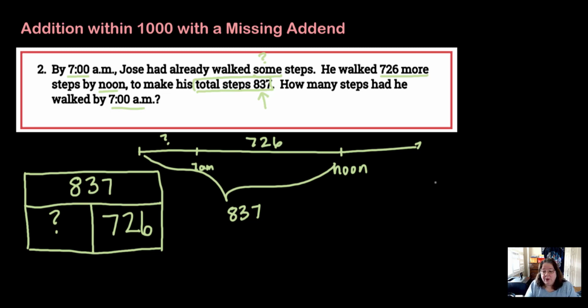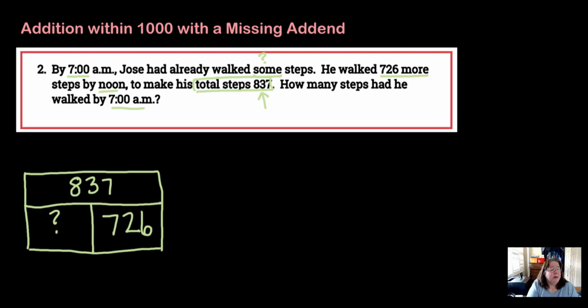Now, the only thing here is that I need some room to solve the problem. I guess I could solve it up here. Okay. So we know that something plus 726 is going to equal 837. I'm going to need to do some erasing. There's not room to write that up there.